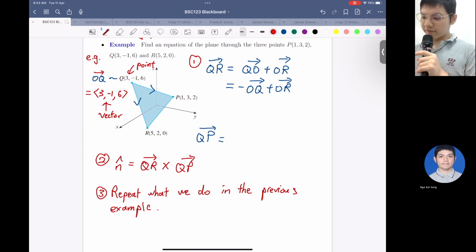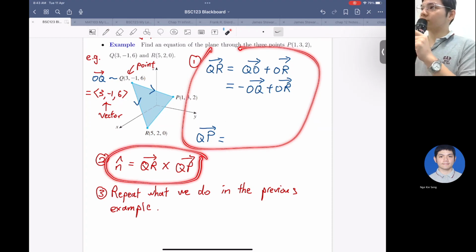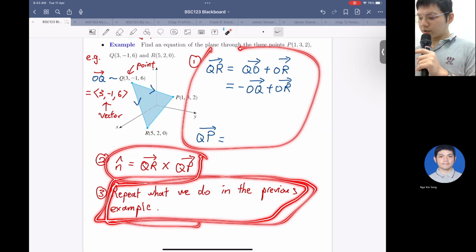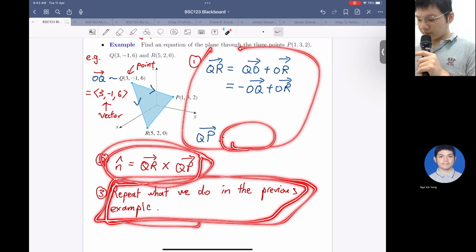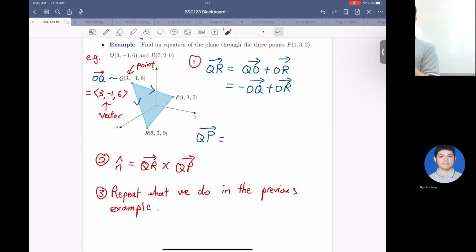You need to know how to find vectors. Second, how to do cross product. Third, the most basic one, is how to put a point and a normal vector together to get an equation. Based on these skills, we can simply arrange them so that the question looks different. Whether you can differentiate is whether you understand every step or not.